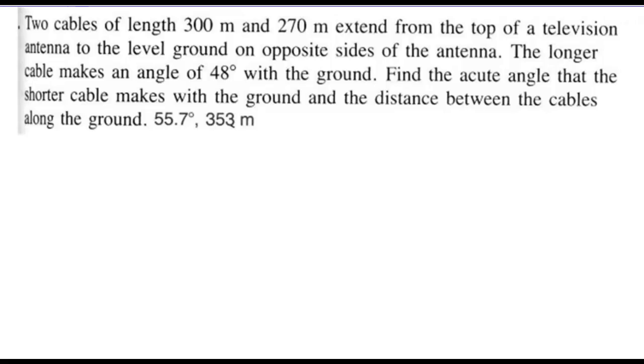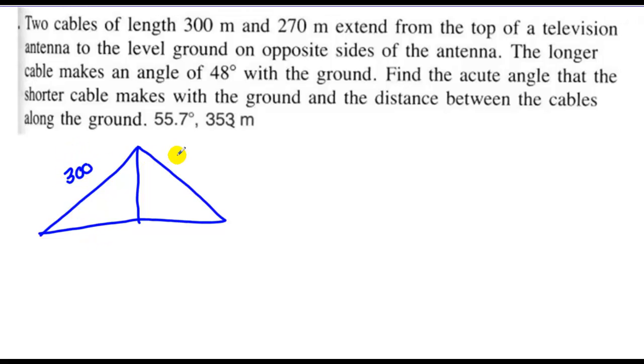Let's take a look at a word problem. We've got two cables of 300 and 270 extended from the top of a television antenna. So here's the television antenna, and these cables go on opposite sides of the antenna, like so. We have 300 on one, 270 on another, and the longer cable, which is a 300-foot cable, makes an angle of 48.